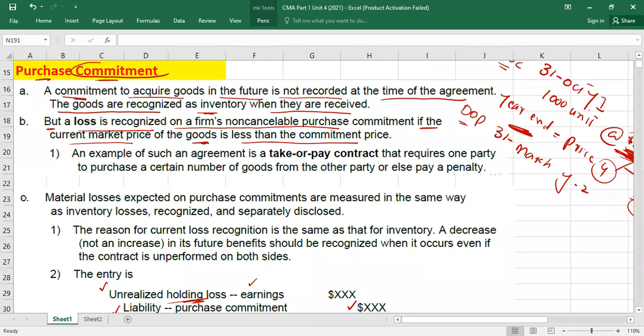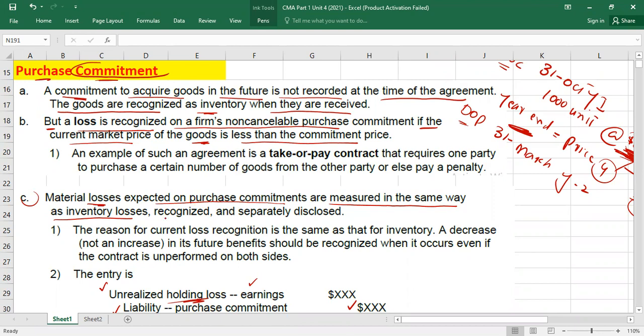Here we have point C: material losses expected on purchase commitment are measured in the same way as inventory losses. Because if you remember the inventory topic, if we had a loss, we were also booking the loss.